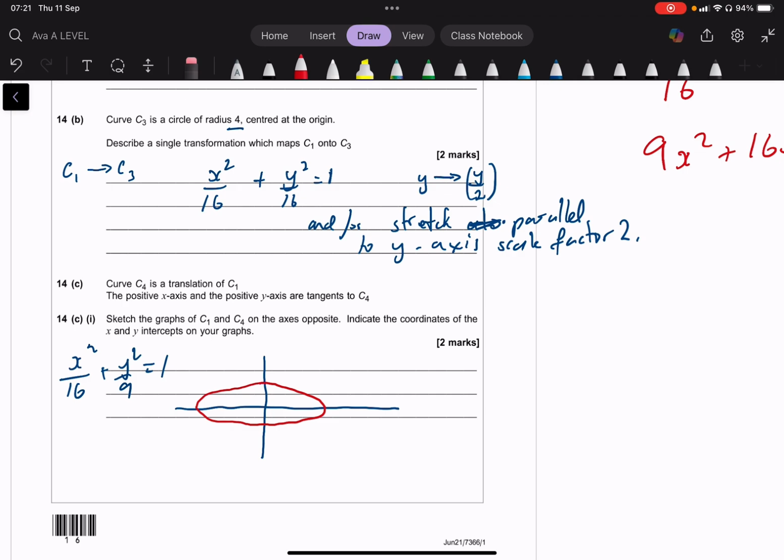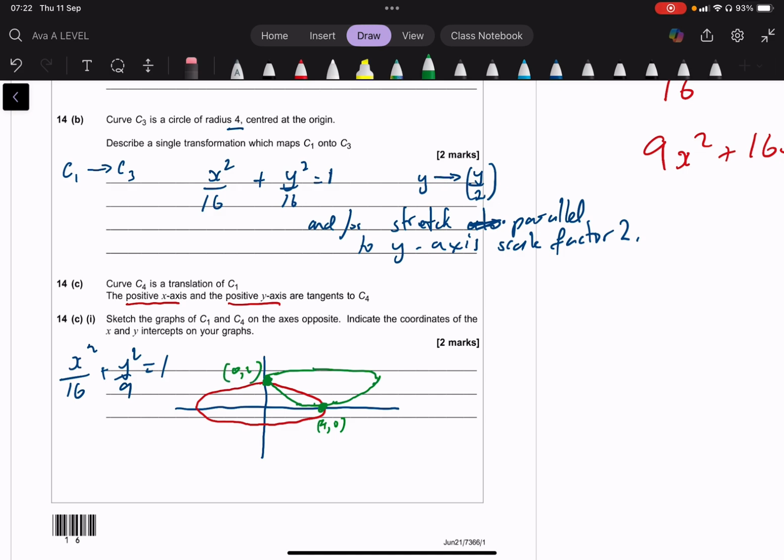And it says the positive x-axis is going to be a tangent and the positive y-axis is going to be a tangent. Pardon the drawing, but it goes through there, doesn't it? Looks something like that. And we've got to figure out these two coordinates here. So that's going to be 4, 0, and that's going to be 0, 2.